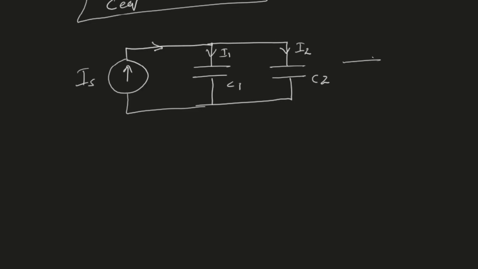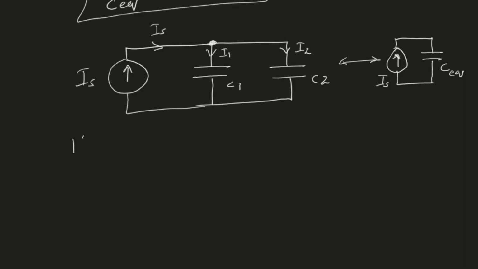And I want to construct an equivalent circuit where I have the same current source, but instead of having two capacitors in parallel, I have a single capacitor that I will call C equivalent. Okay, so that's my equivalent capacitor. The current source is Is as before. My original circuit says that a current Is comes into this node and then it divides into two pieces, I1 and I2.